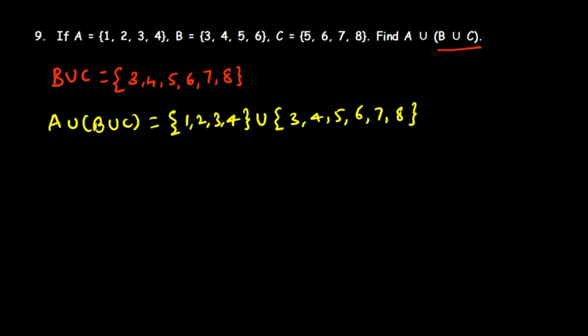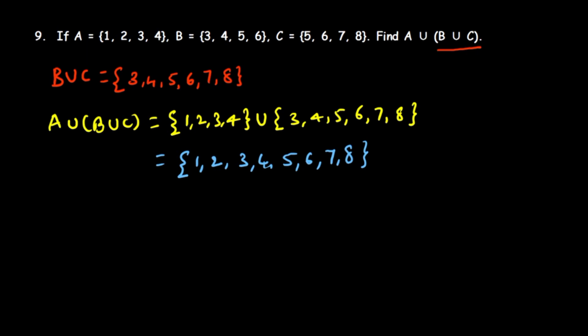Now the union of these two sets is 1, 2, 3, 4, 5, 6, 7, 8. So this is A union B union C. First of all, we should find what is there in the bracket, like B union C, and then we can take it with A. Okay, so A union B union C.